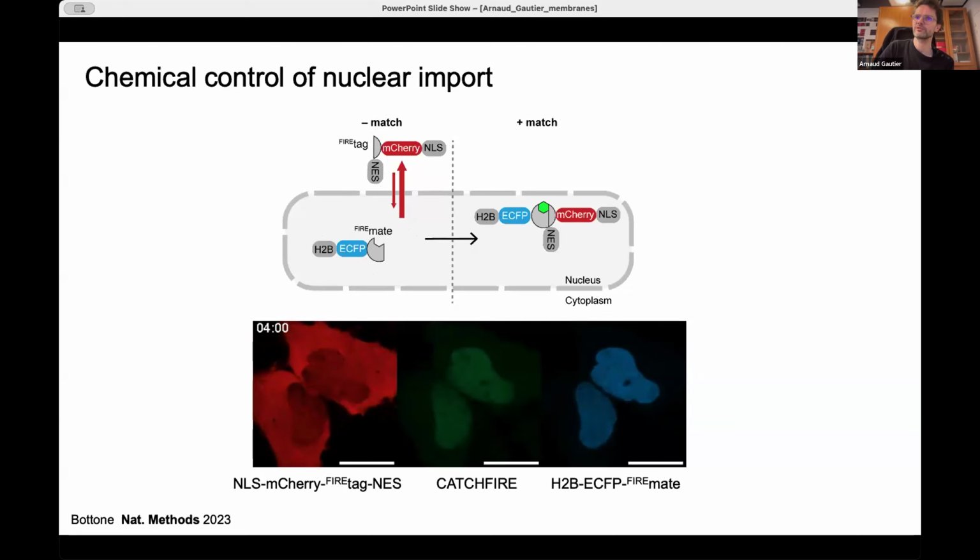Because the protein that comes to the nucleus is captured in the nucleus, and through a kind of sink effect, you will just induce and promote translocation from the cytosol to the nucleus, as you could see here on this movie, where part of the cytosolic protein arrived in the nucleus. So this is one example of how we can control protein transport between two different cell compartments.